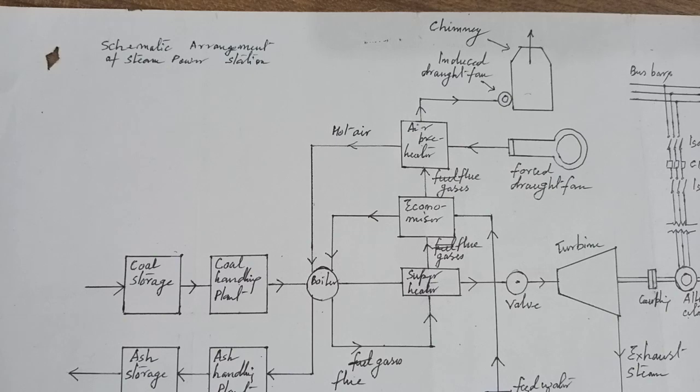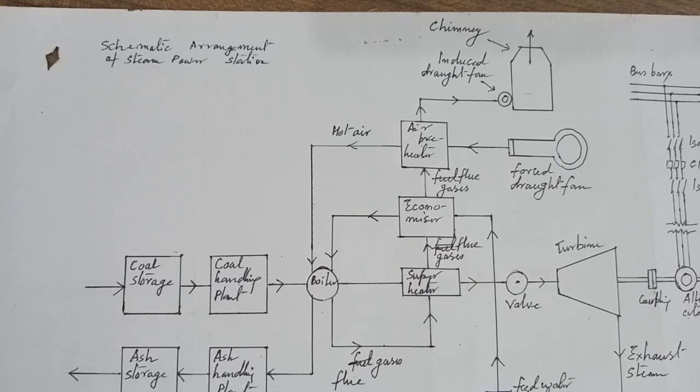The systematic arrangement of modern steam power station is given as per diagram. The whole arrangement can be divided into following stages for the sake of simplicity.